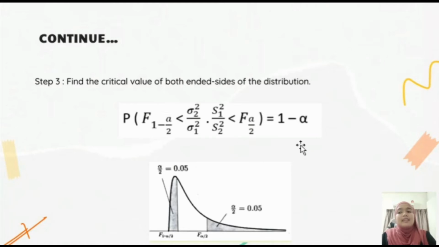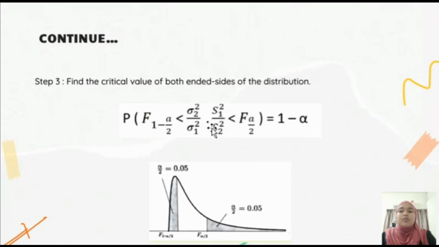So as you can see here, this is the form that we already created based on the theorem before. And this quantity in the middle is the random variable, because s1 squared over s2 squared is a random variable.